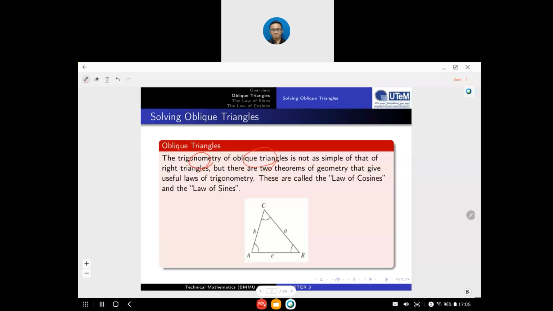But for an oblique triangle, we don't have the 90 degrees here. When you don't have the 90 degrees, you don't have the special angles. So in order to solve this, we use two laws. The first one is the law of cosines, the second one is the law of sines.